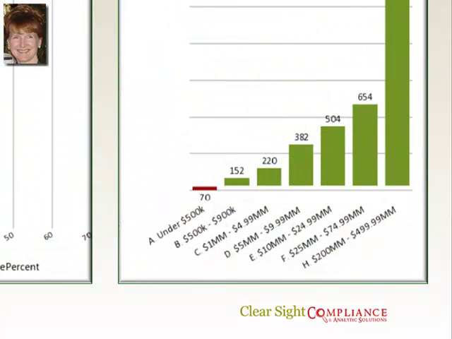Also valuable, however, is understanding what that looks like versus the rest of the universe. So if you think back to the other slide where we had all the small dots, what's the proportion of those small dots that have annual revenues of $500,000 or less?